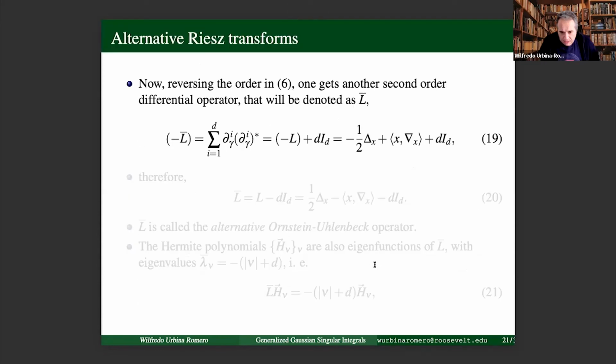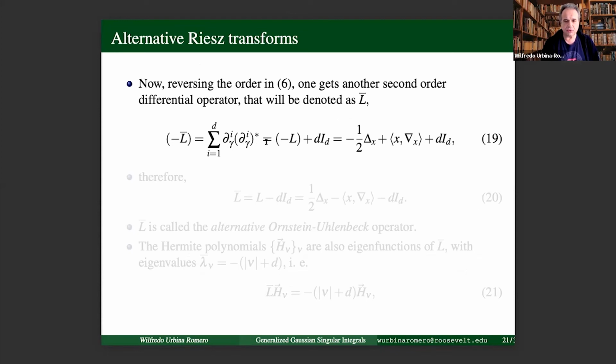Well, and here is the twist. As I said, if you change the order of these operators, remember in the Ornstein-Uhlenbeck it was this guy first and then this guy, you get the Ornstein-Uhlenbeck.